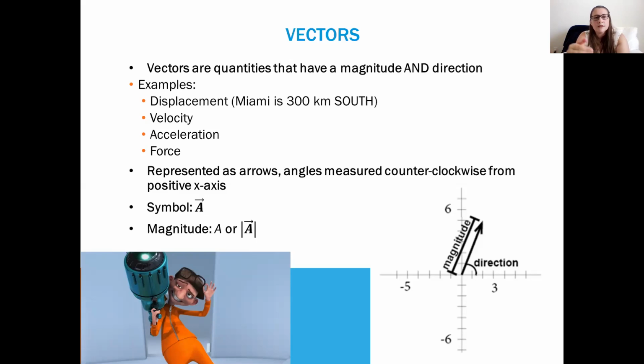So in the previous slide, I had distance as a scalar. Miami is 300 kilometers away. But displacement would tell us Miami is 300 kilometers south. That just gives us a little bit more information about that particular distance, but that displacement associates a direction with it.